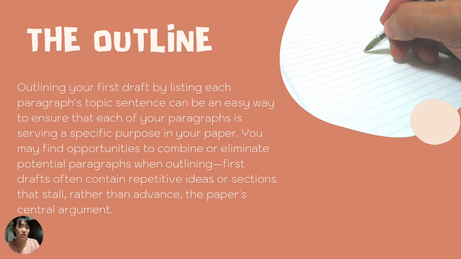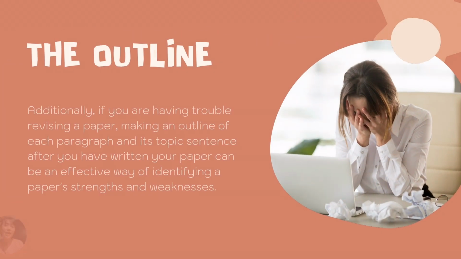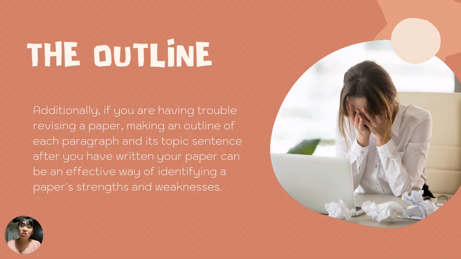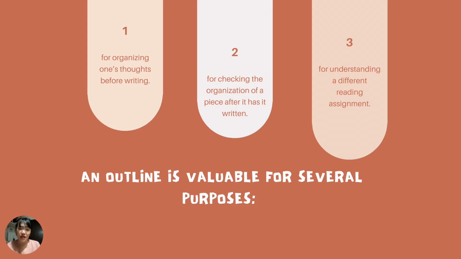First drafts often contain repetitive ideas or sections that stall rather than advance the paper's central argument. Additionally, if you are having trouble revising a paper, making an outline of each paragraph and its topic sentence after you have written your paper can be an effective way of identifying a paper's strengths and weaknesses.